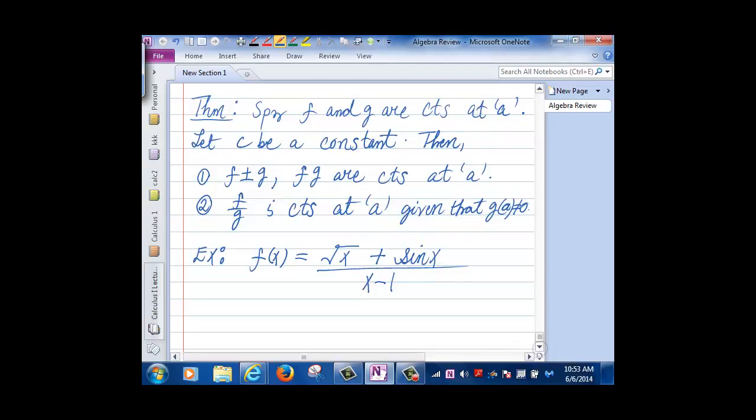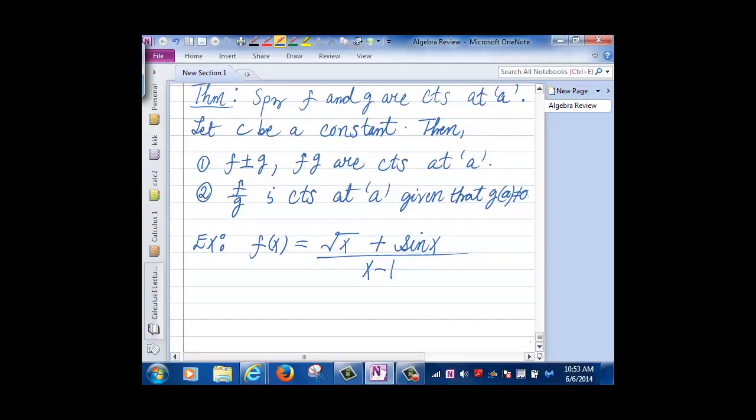So first of all, let's figure out. The root function root of x is continuous from 0 to infinity. Sine x, remember the graph of sine x? Is continuous everywhere, right? The denominator is continuous everywhere, right?